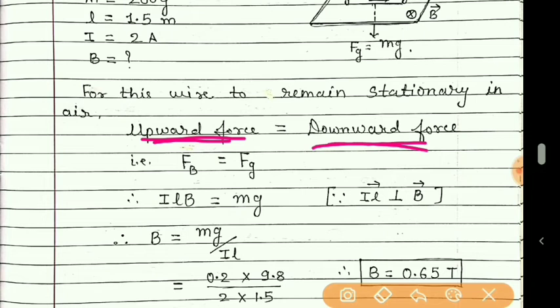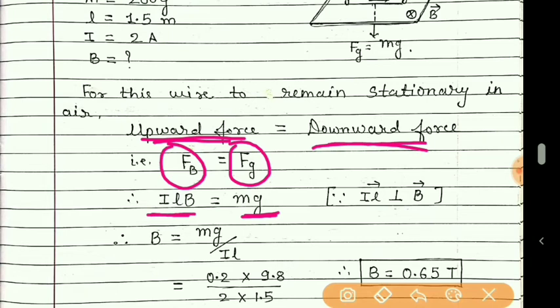What is upward force? It is due to magnetic field, and downward force is always gravitational force. Gravitational force is mg, and this magnetic force is IL cross B.